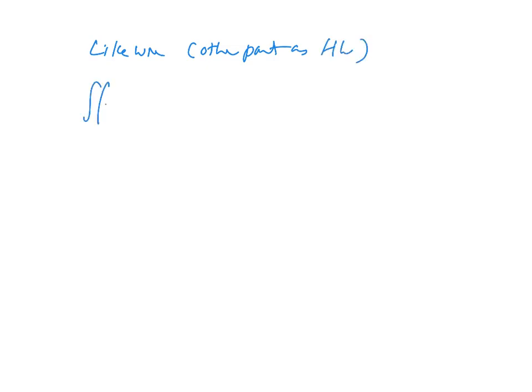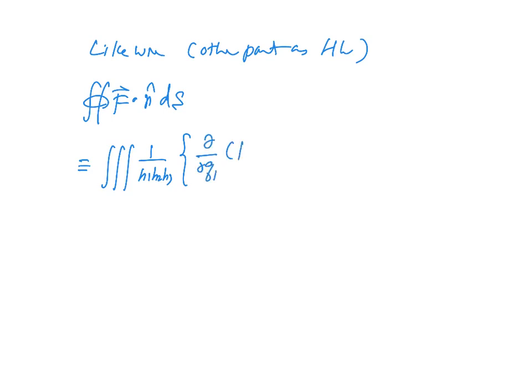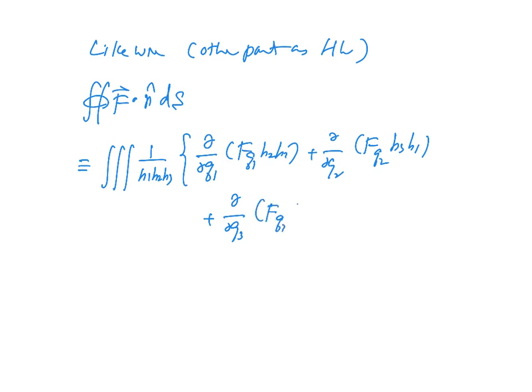So closed surface integral F dS can be as follows. 1 over H1, H2, H3, partial Q1 partial FQ1, H2, H3, plus partial Q2 partial FQ2, H3, H1, plus partial Q3 partial FQ3, H1, H2, dV. So this is actually divergence.